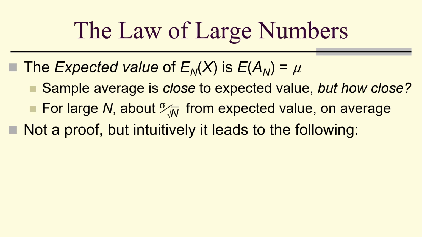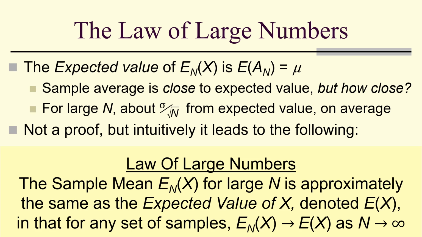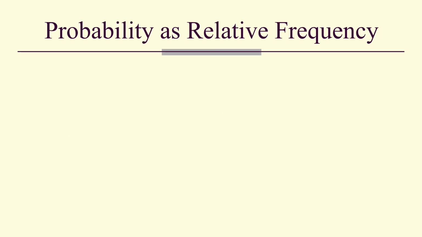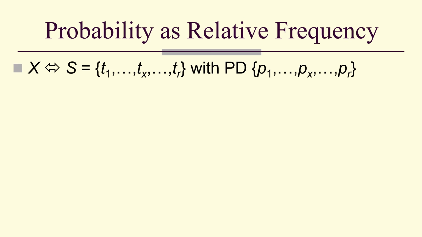It's not a proof, but it gives us some idea of what's going on. The law of large numbers says that the sample mean, e sub n of x, for large n is approximately the same as the expected value of x. And for any set of samples of size n, the sample average approaches the theoretical expected value as n goes to infinity. So let's look at an example.